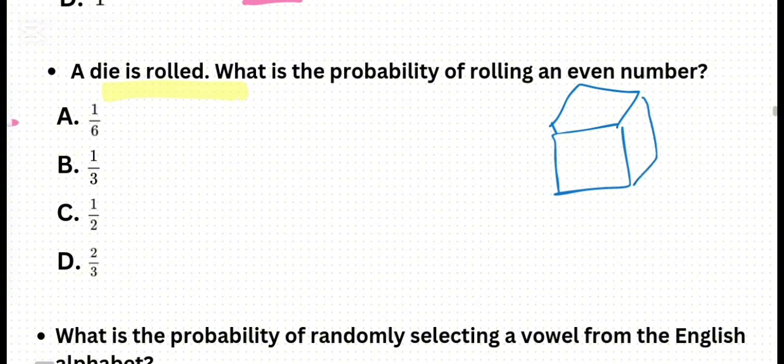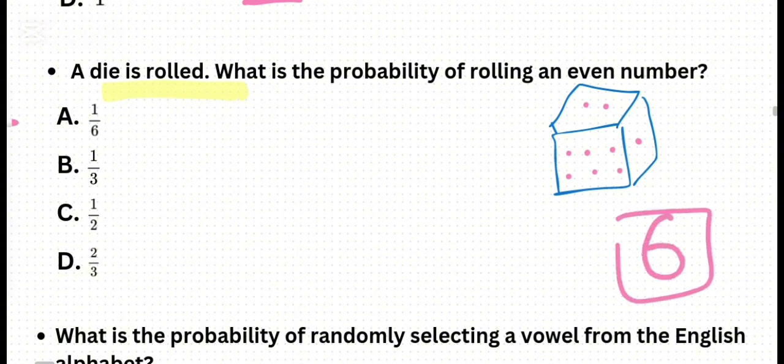If you see, a dice has 6 faces: 1, 2, 3, 4, 5, 6, right? A die has 6 faces. So this is the total, right?